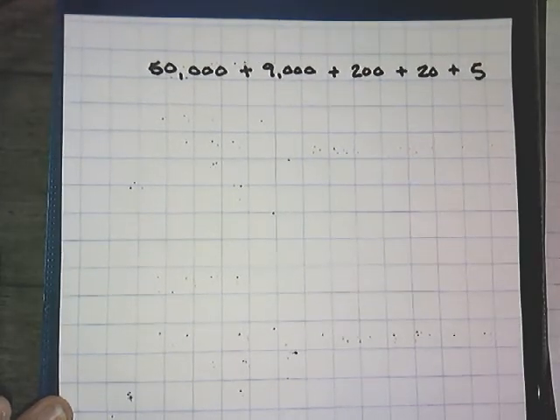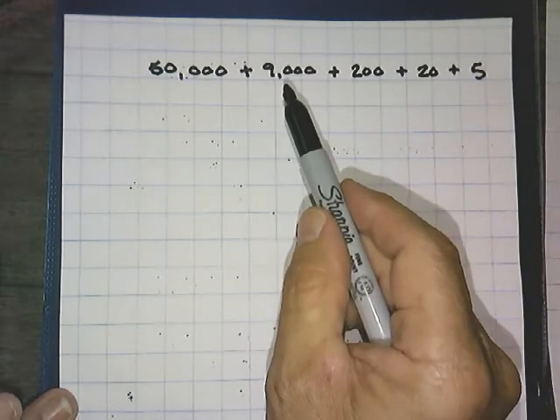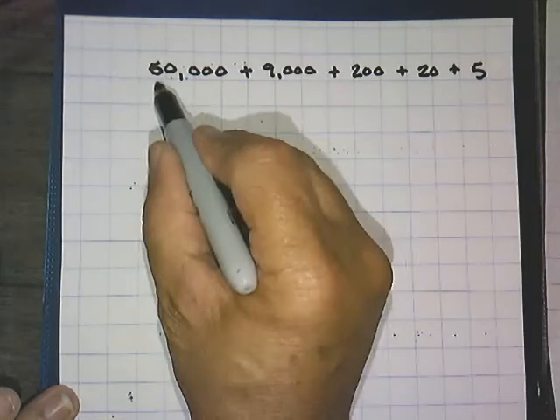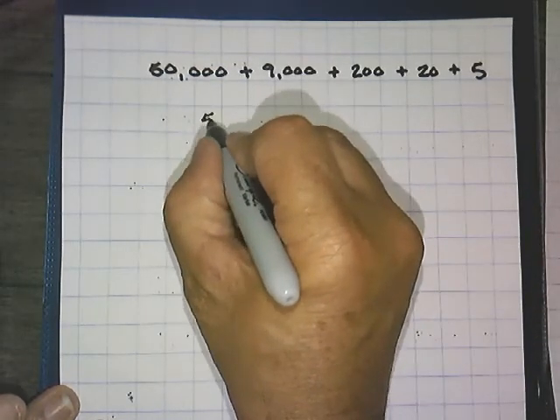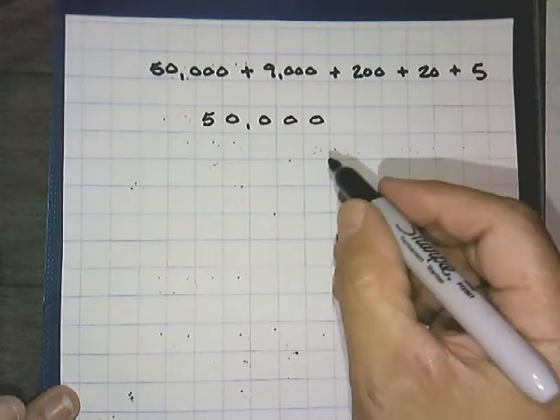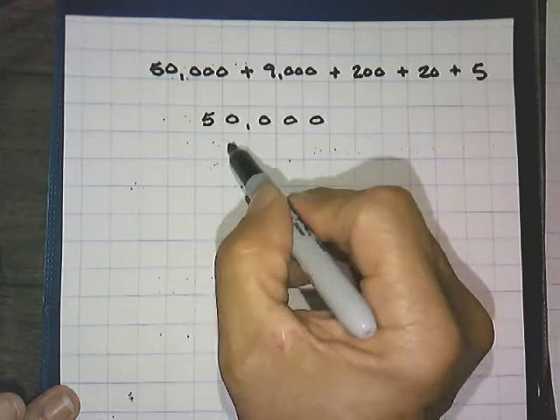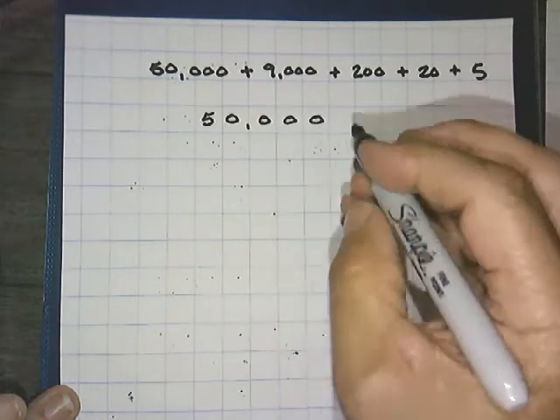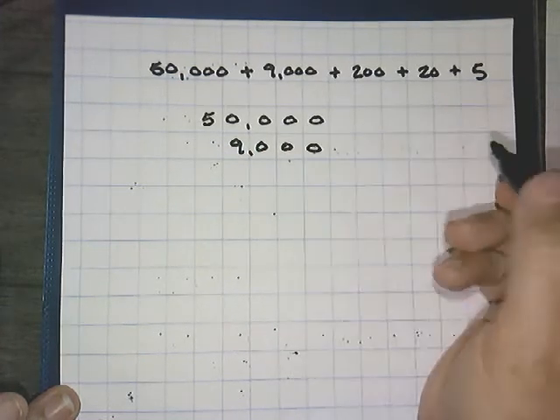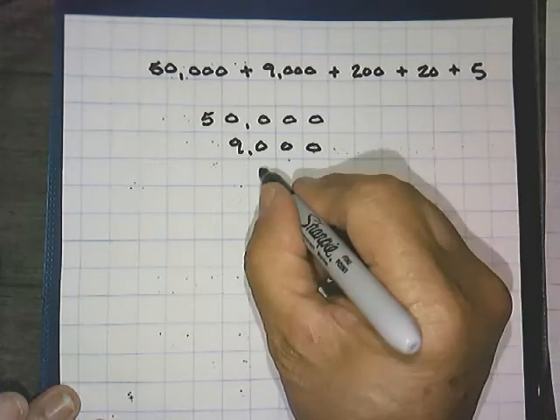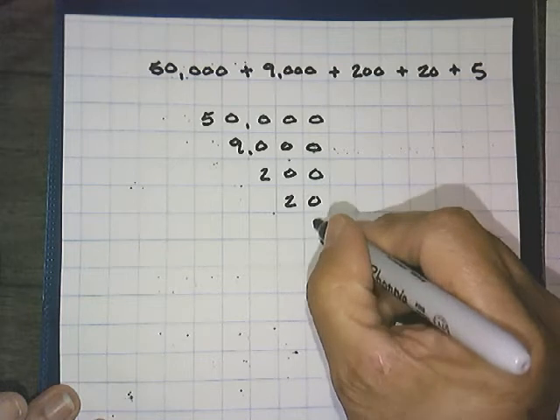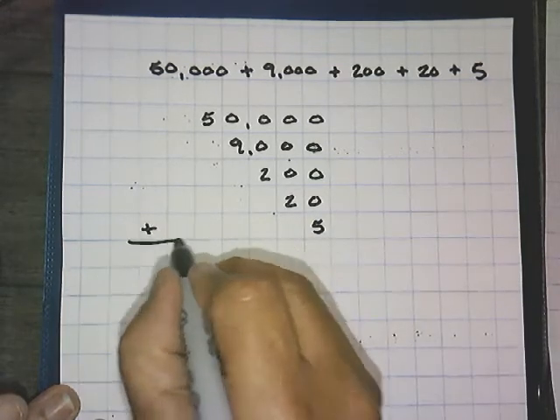Once again, we want to take this from expanded form and write it in standard form. I'm going to start with my 50,000. You don't have to write it out this way every single time, but this is helpful in organizing this. So we have 50,000 plus 9,000 plus 200 plus 20 plus 5.